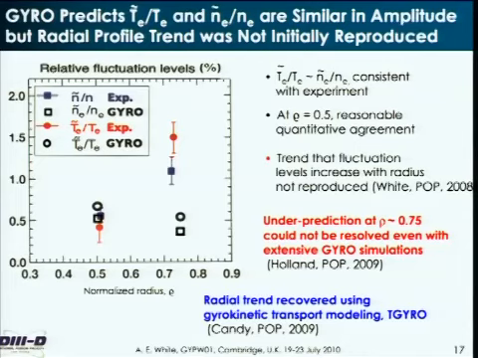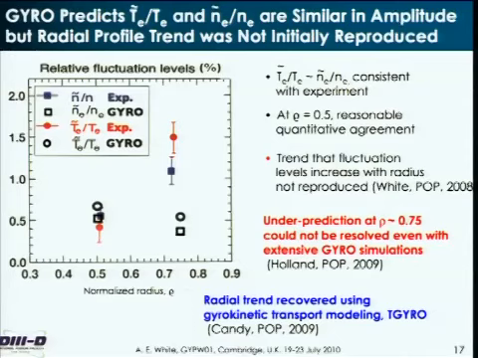And what we found is that in these plasmas, GYRO tends to predict, consistent with what we see experimentally, that the fluctuation amplitudes are very similar. Shown here is the fluctuation amplitude versus radius: the experimental data for density in blue and electron temperature fluctuations in red at just two radii, rho 0.5 and about rho 0.75, as an example.